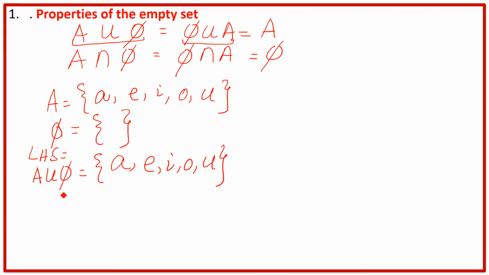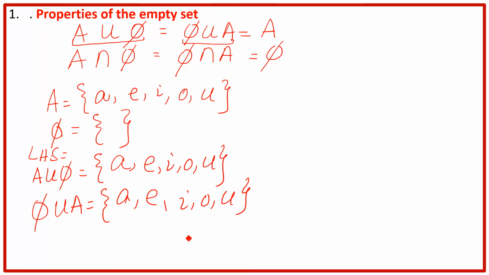And again, this is empty set union A. Same thing, we have to write down A, E, I, O, U, because this is union, we have to consider each and every element of both the sets. So in empty set we do not have any element, it is empty, null set.